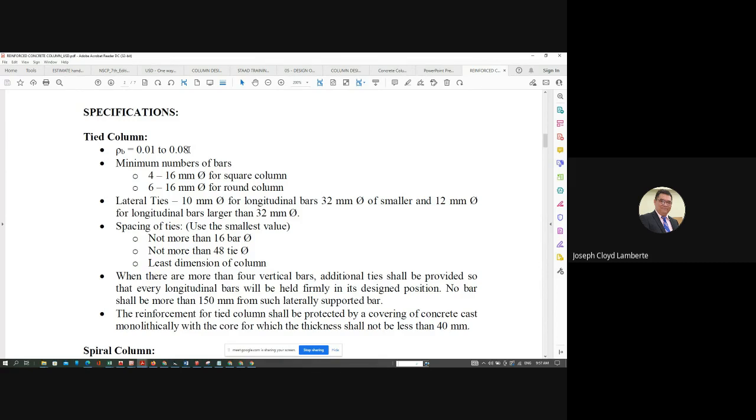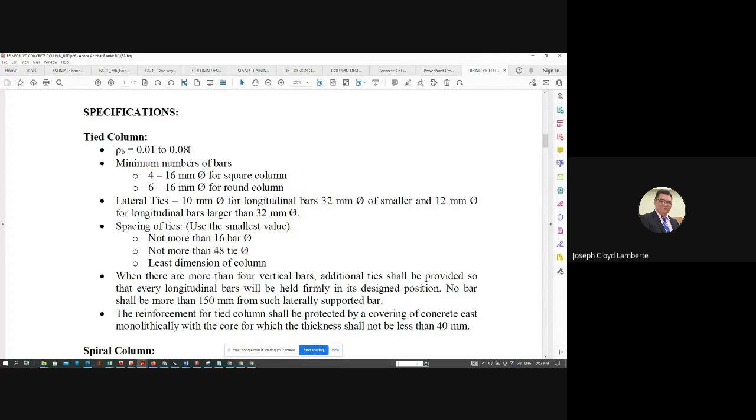So it is no longer good, it is no longer ductile, no? It is more like steel than a column. So in the seismic requirement it is only 1 to 6%. But generally, since we are talking about general columns this time, it is 1 to 8%.